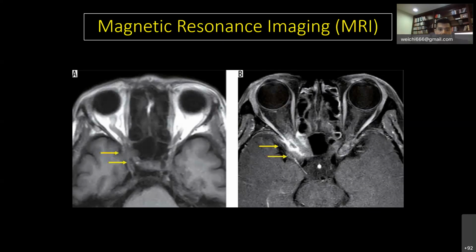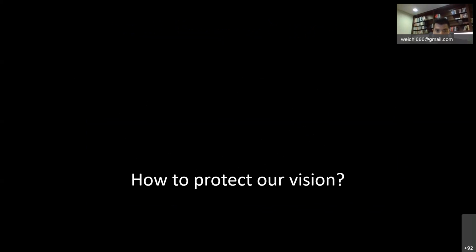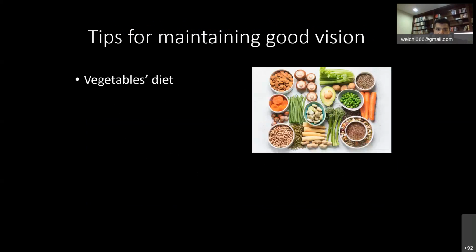Okay, so probably I have covered all the major eye examinations for you today in my lecture. At the end of my presentation, I would like to give you additional information on how to protect our vision. There are a couple of tips useful for maintaining good vision.